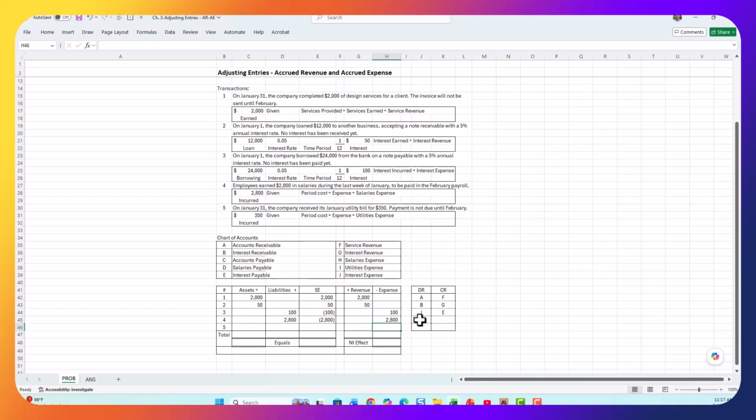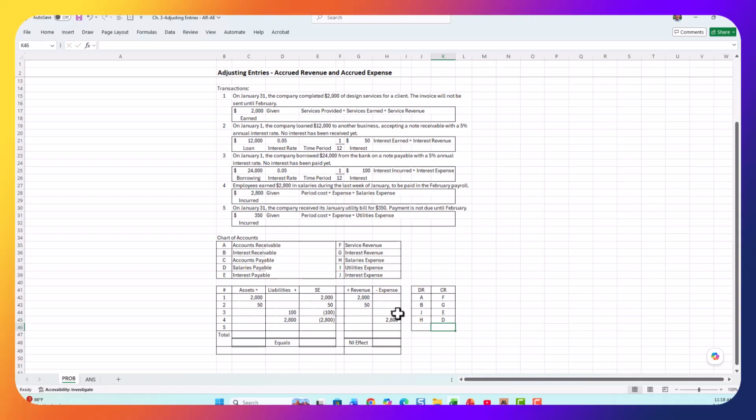Remember, when you incur an expense, it's an increase in the expense, and increases in expenses always decrease stockholders' equity. When it comes to debits and credits, we'll debit salary expense, letter H, and credit salaries payable, letter D.